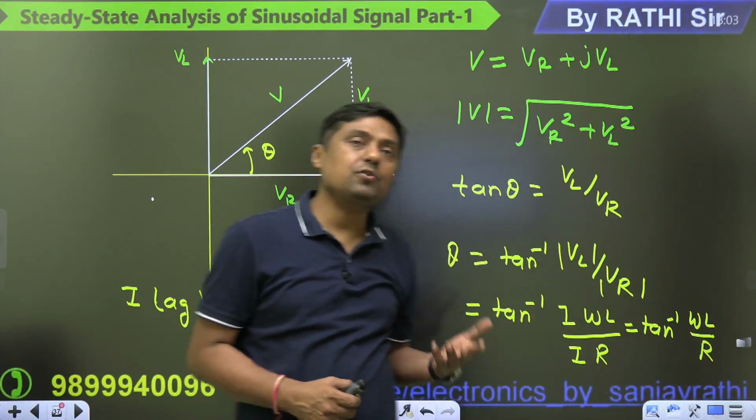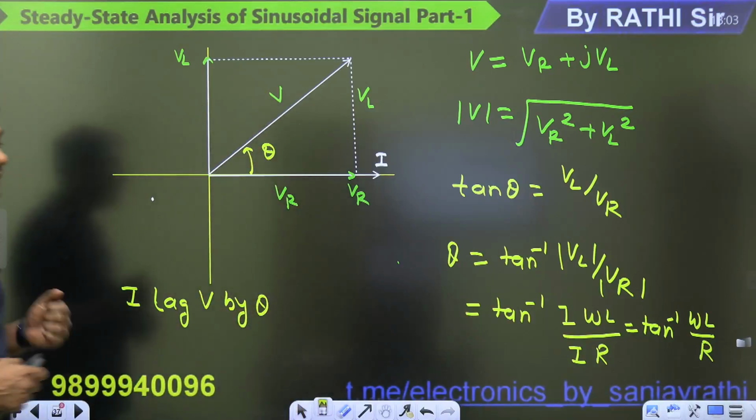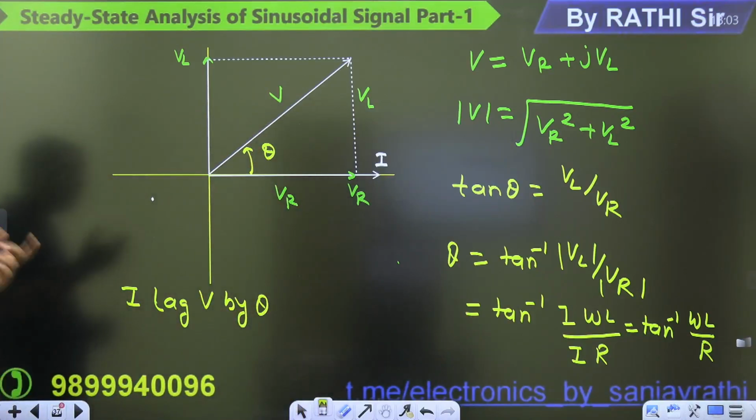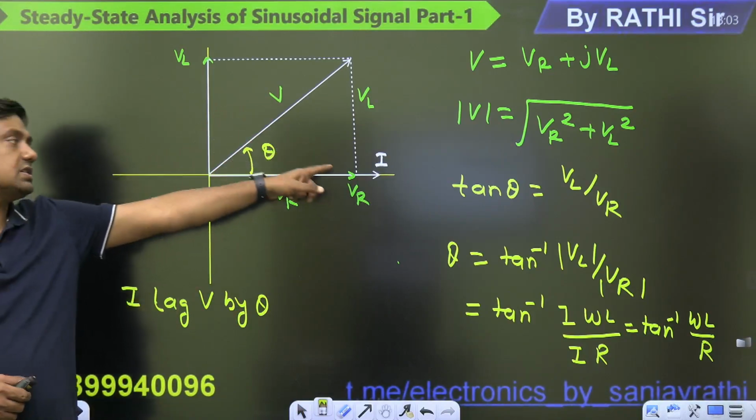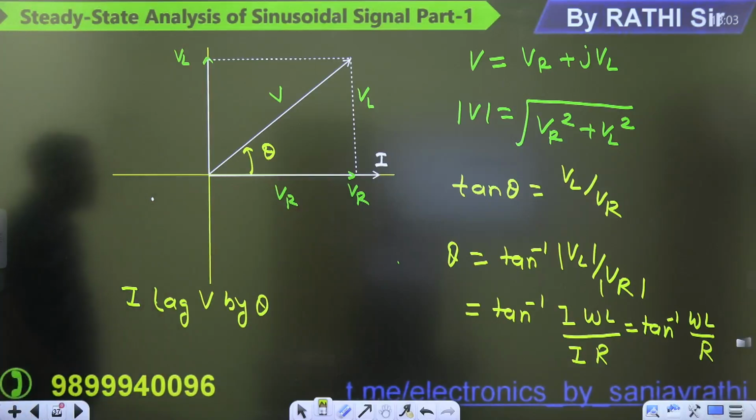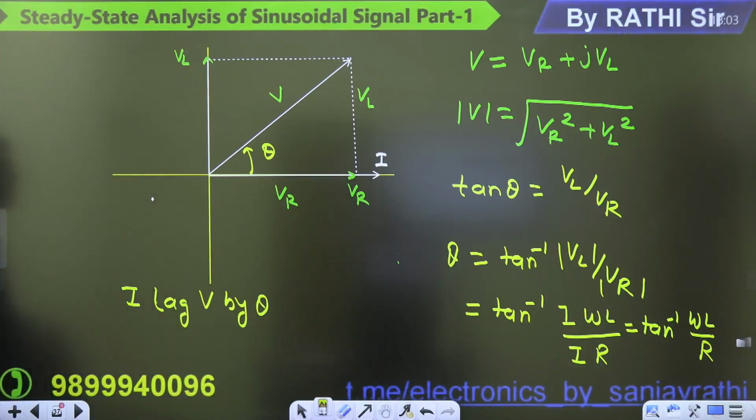So directly you can find the phase difference between voltage and current. This is the applied voltage and that is the resultant current. Current lags the voltage by theta degrees. You can also find the power factor.